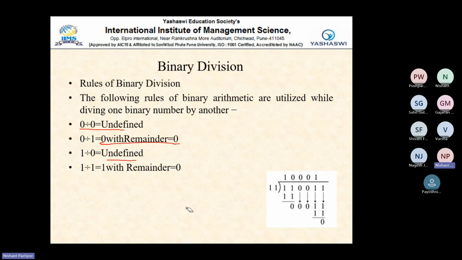Same way I want to perform the binary division for these numbers. So again we go with this. Then we divide these numbers 1, 1, 1, 0, 0, 1, 1 divided by 1, 1. So this value, the first as the same way we divide in decimal division.